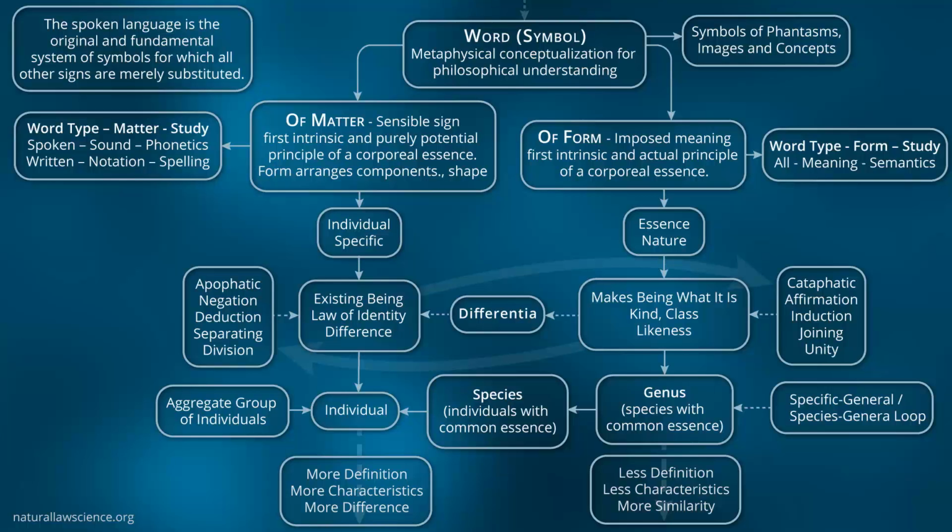You get there from the cataphatic affirmation, and the kind, class, and likeness, you get there from the existing being, law of identity, difference, using cataphatic affirmation, induction, joining, unity to get to the general concept, the kind, class, likeness, to understand that.